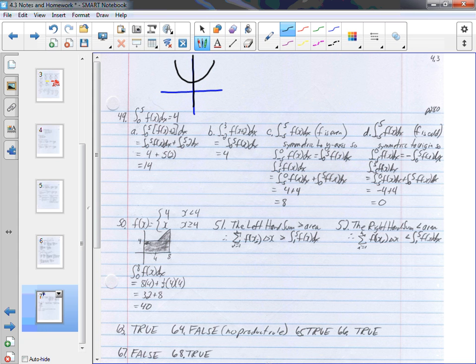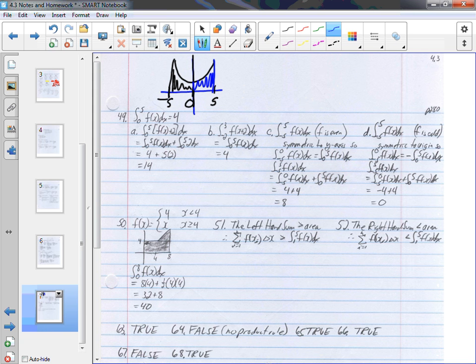So if that's the case, wouldn't the integral from negative 5 to 0 and the integral from 0 to 5 give you the exact same area? Now, the example I drew up, wouldn't the blue region and the black region be the same?